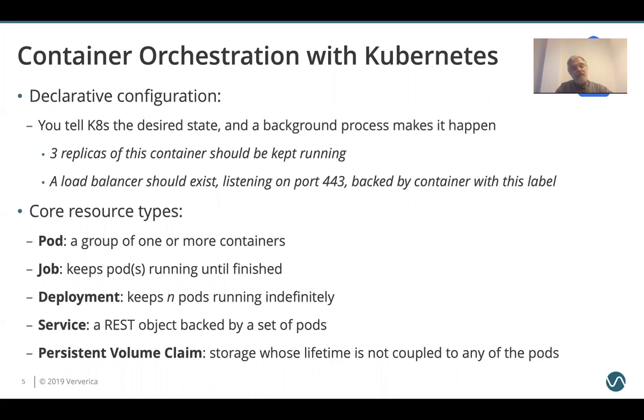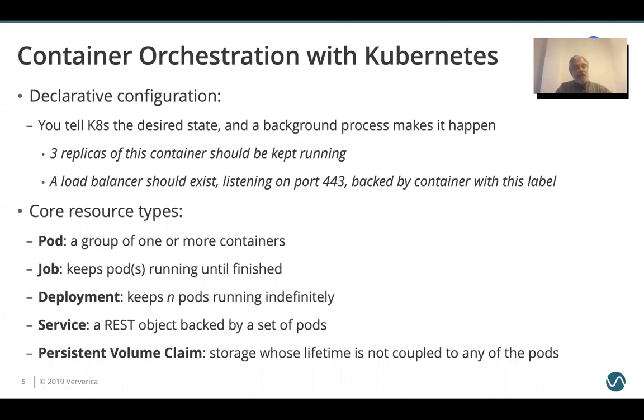A deployment is similar to that in that it's an abstraction that also keeps some pods running. But here the idea is that the deployment is meant to be running indefinitely, and it's meant to be a scalable thing where you've got a fleet of these pods that you can scale up and down as needed, and they're just running continuously. A service lets you wrap a REST service around either a job or a deployment.